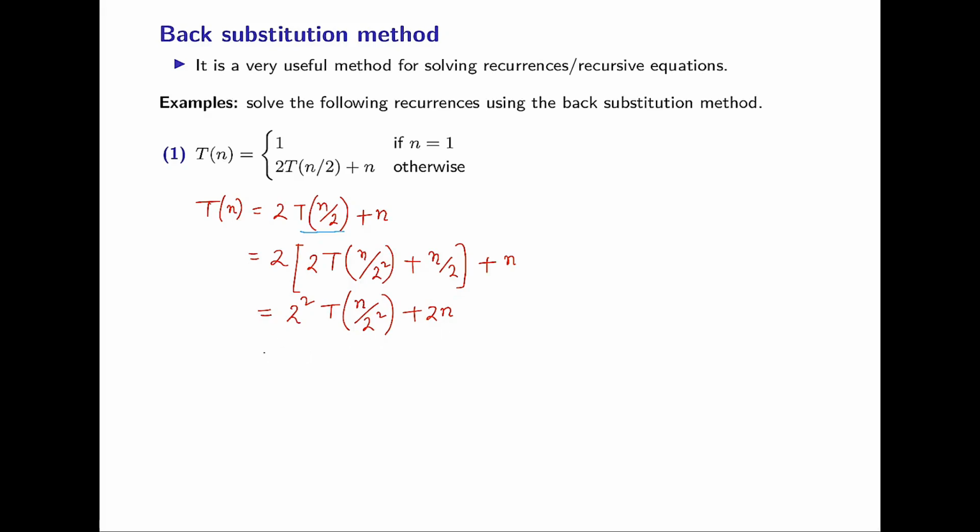If I further back substitute for T(n/2 squared), then surely I will get 2 cubed T(n/2 cubed) plus 3n, as we have seen here.